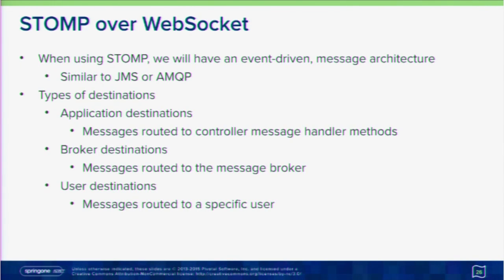If you send a message to a broker destination, which is identified by a prefix, that's going to go directly to the broker, and the broker will decide what to do with that message. If you send a message to an application destination, which again is identified by a prefix, we're going to delegate to one of our application components, which happens to be a controller. So in Spring MVC, we use those controllers with handler methods.